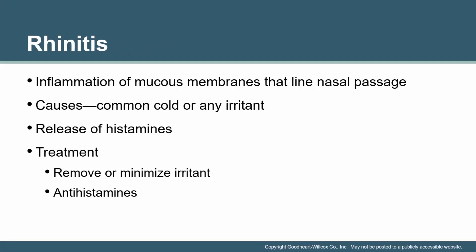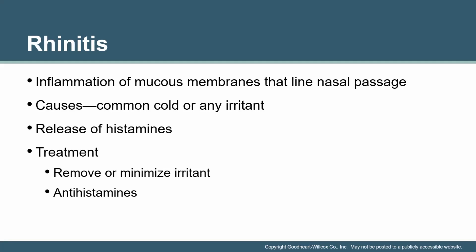Okay, so let's talk about rhinitis. Rhinitis is inflammation of the mucous membranes of the nasal passages. The most common cause of rhinitis would be a cold or virus, right? Or really anything that gets up there that our body doesn't like or presents us with an immune system response. So an irritation of these membranes will create a histamine release.